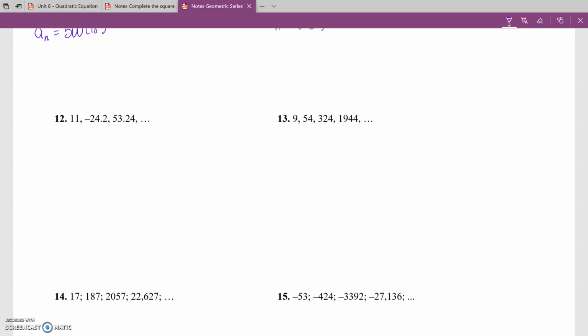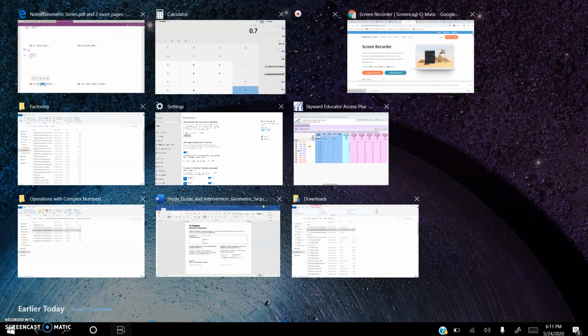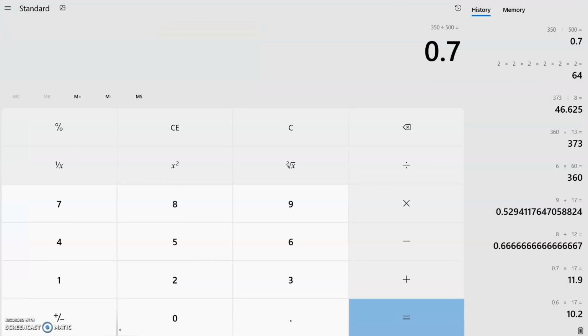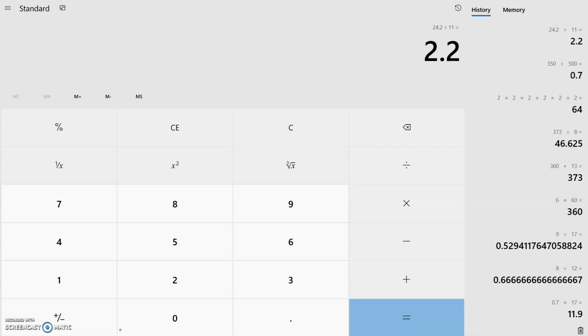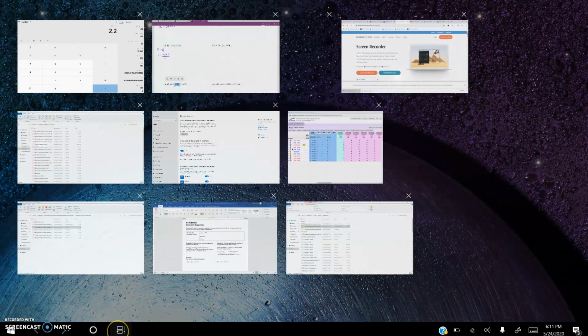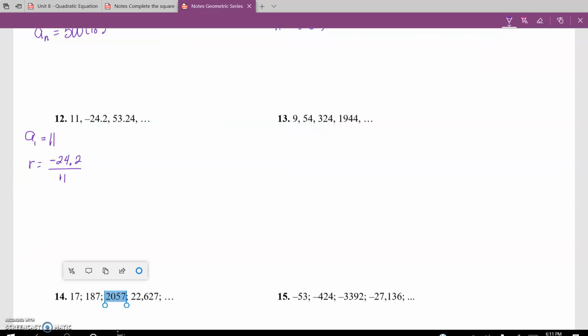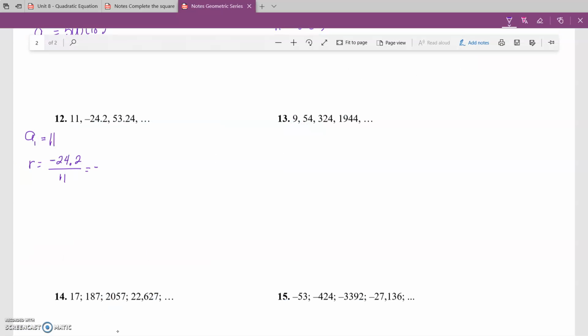Let's do number 12. I know my A1 I started at 11, and R is term 2 divided by term 1, so negative 24.2 divided by 11. So on the calculator, you'd get a negative 2.2.